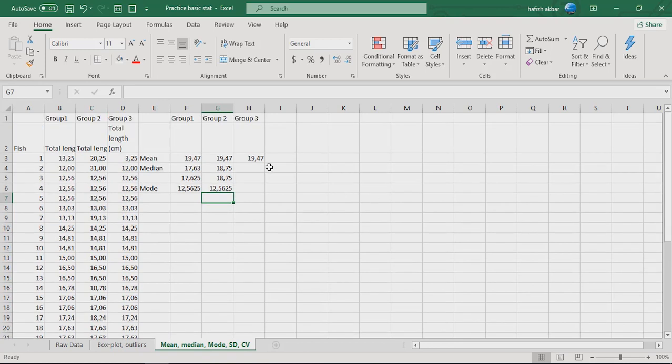I will leave the median and mode for group 3 for your homework.